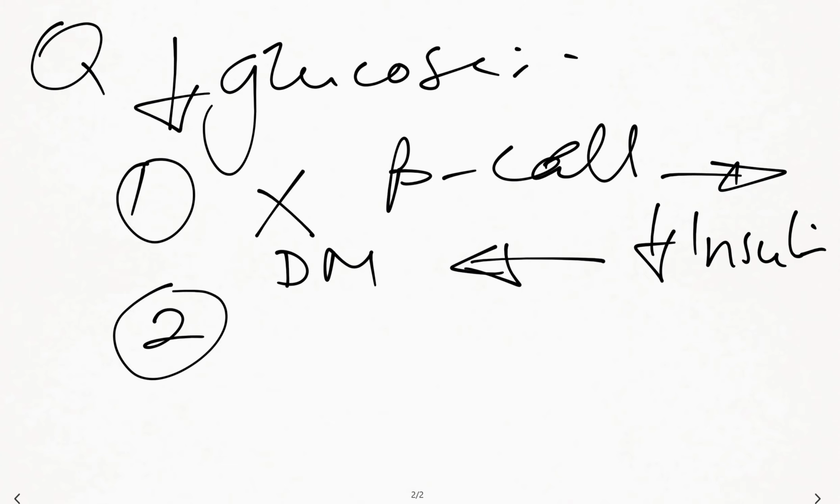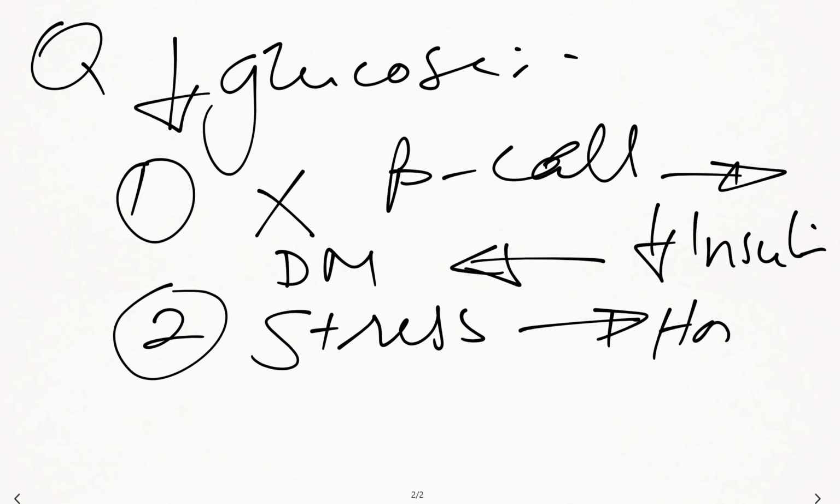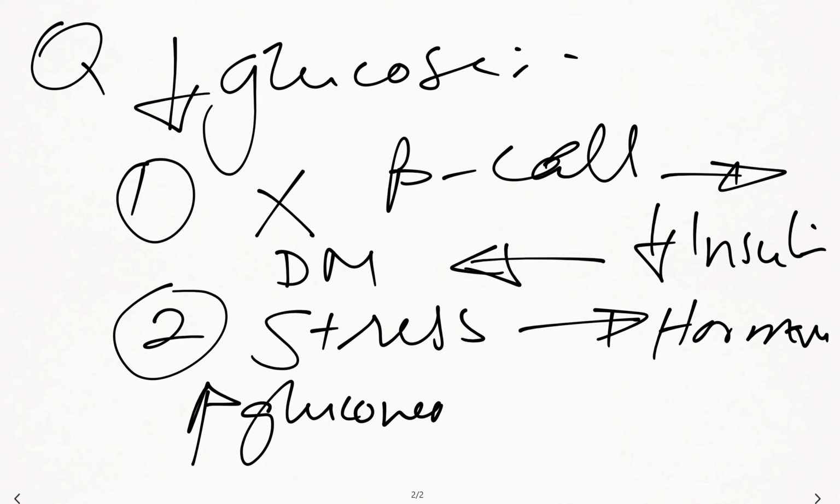There is another reason, and it is the stress response itself. Acute pancreatitis is a severe disease, and the stress response will release stress hormones, and these hormones will lead to an increase in gluconeogenesis and glycogenolysis.